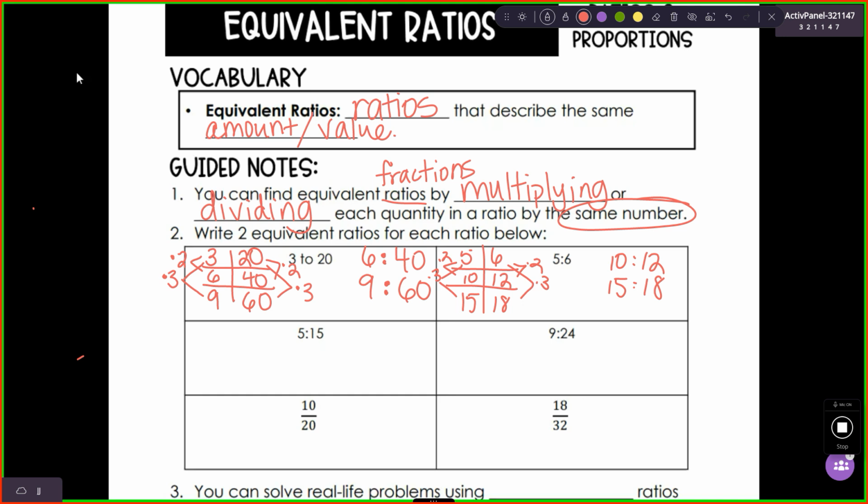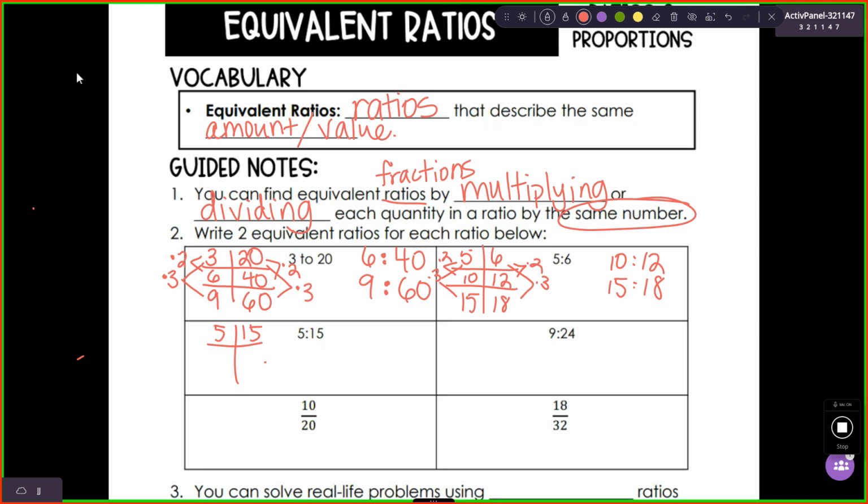Think about it. Could we simplify it? Yeah, we could. We could simplify it. Look at 5 to 15. What's in the ones place of both numbers? What can we divide by? When in doubt?